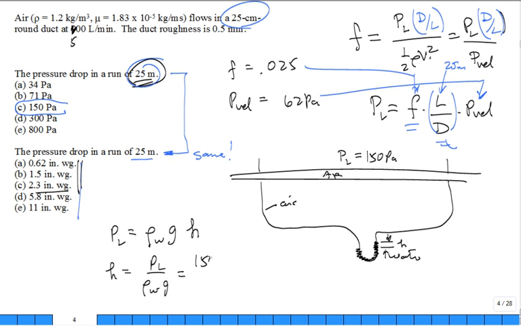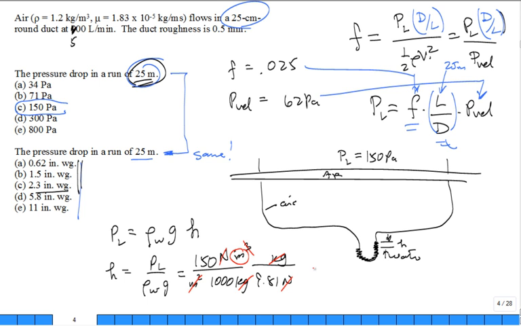We have 150 Pascal, which is a Newton per meter squared. And then we're going to have 1,000 kilograms per meter cubed, 9.81 newtons per kilogram. Newtons go, kilograms go. Meters, I'm left with meters only.